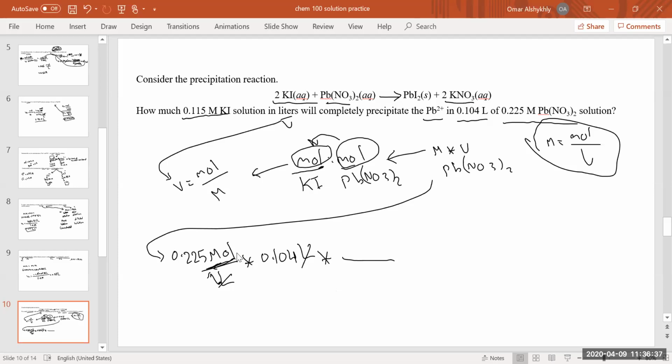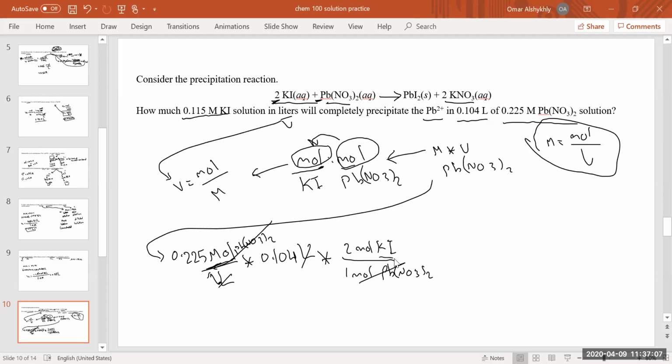So remember, here we have 2 KI. How will you write down the mole-to-mole ratio between Pb(NO3)2 and KI? It's 1 to 2. Here you will put the 2 mole KI in the top, 1 mole Pb(NO3)2 in the bottom to cancel the mole of Pb(NO3)2.